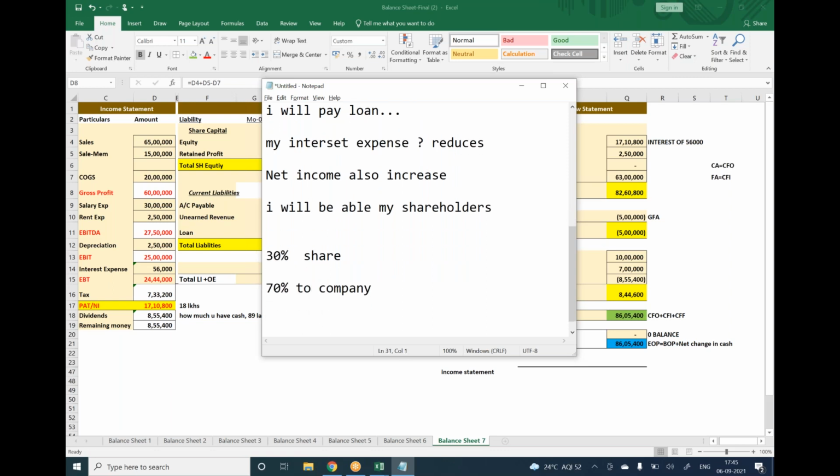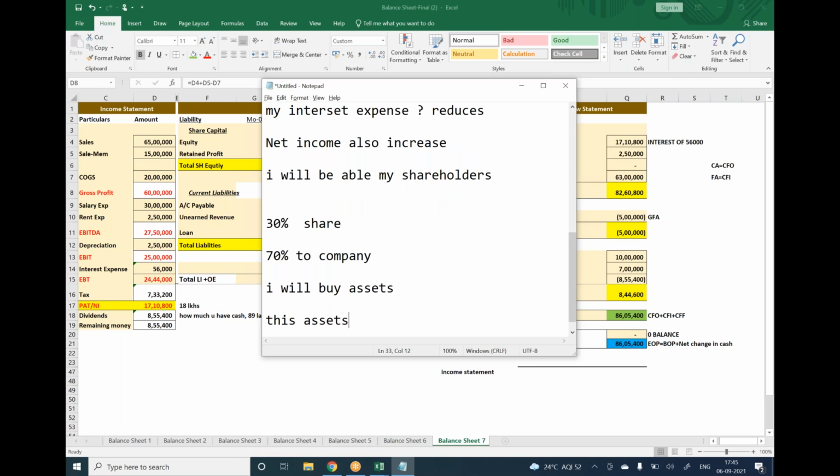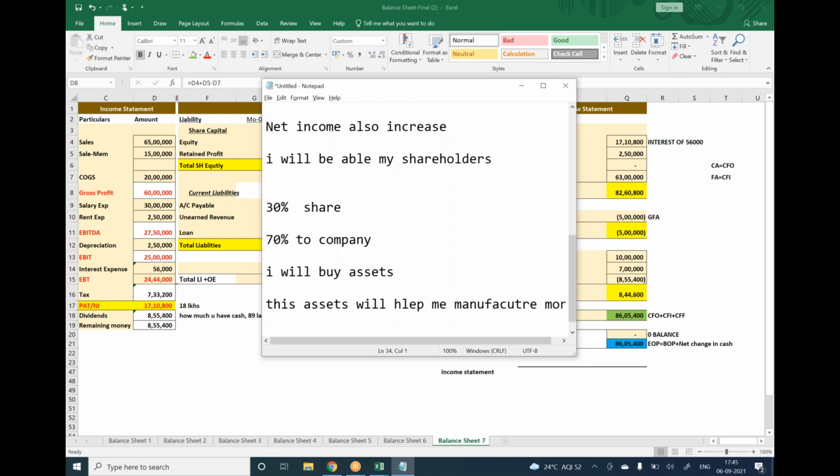Because 70% is going back to the company, I will buy assets. These assets will help me manufacture more products. Because I'm buying machines, what happens?